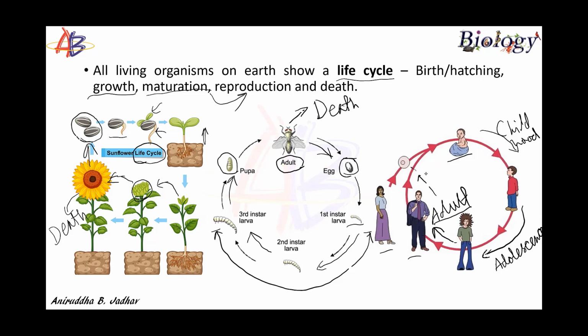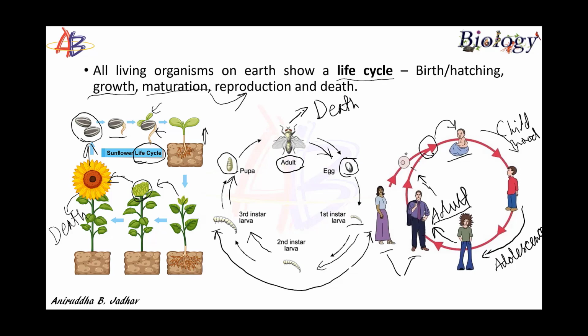They can produce gametes. So once the gametes are formed, gametes can fertilize and again give rise to a new individual. So that's how in humans also the same steps are followed right from their birth to their next generation.